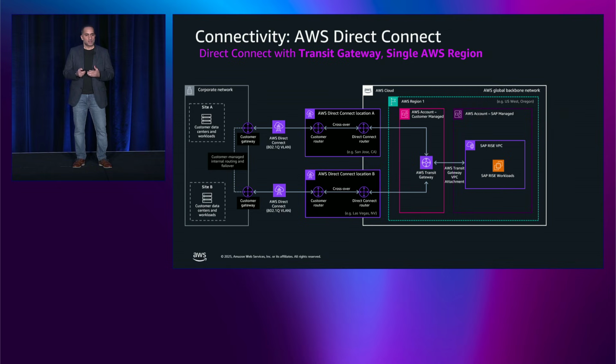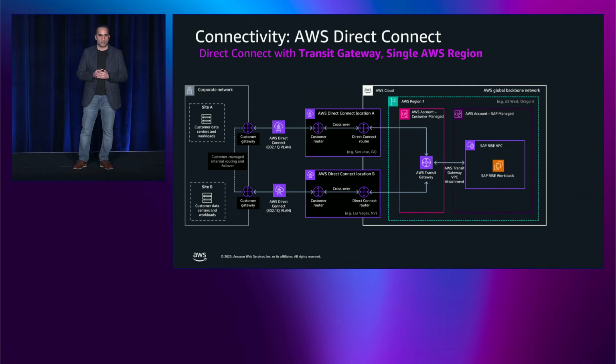The AWS Transit Gateway VPC attachment to the SAP managed AWS account delivers predictable performance with dedicated bandwidth, which is important for your mission-critical SAP landscape while maintaining clear separation across your hybrid environment.